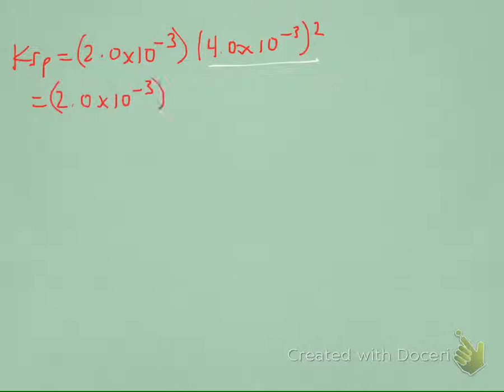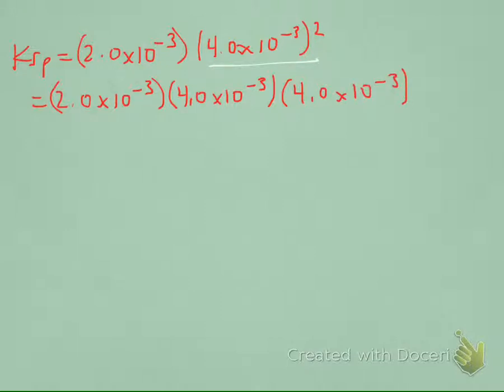I can break this up a little bit knowing that 4.0 times 10 to the negative third squared can be rewritten as 4.0 times 10 to the negative third times 4.0 times 10 to the negative third. So equals 2.0 times 10 to the negative third times 4.0 times 10 to the negative third times 4.0 times 10 to the negative third.